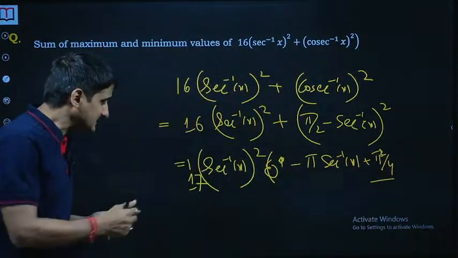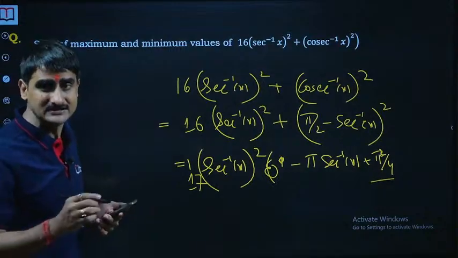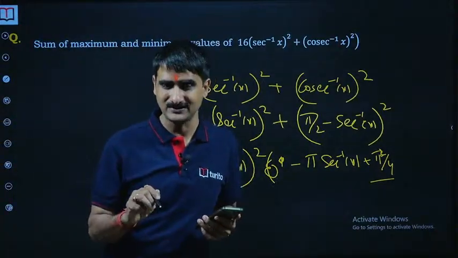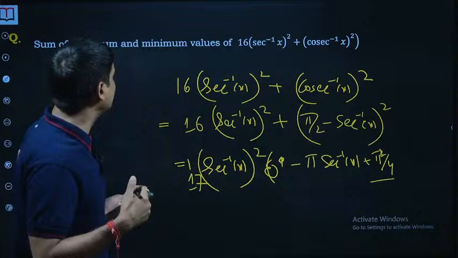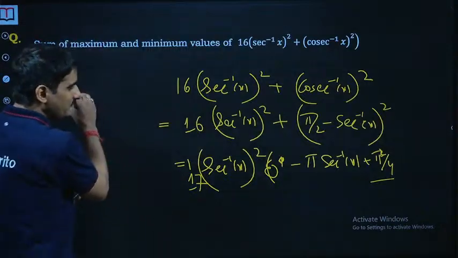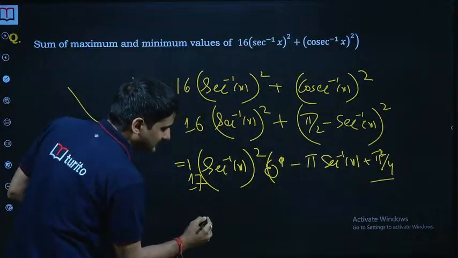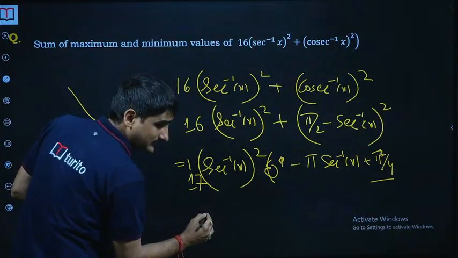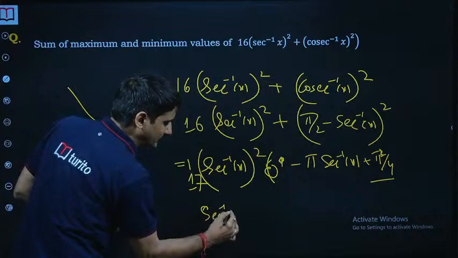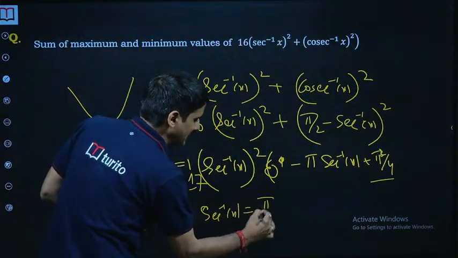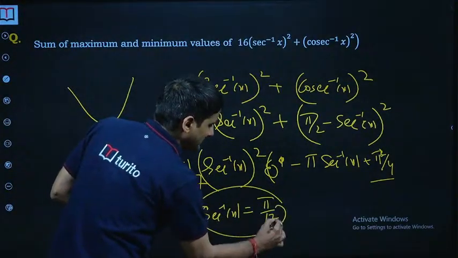So you get an open upward quadratic, whose minimum value will be at the vertex. So the vertex is at sec inverse x equal to pi by 17 into 2.